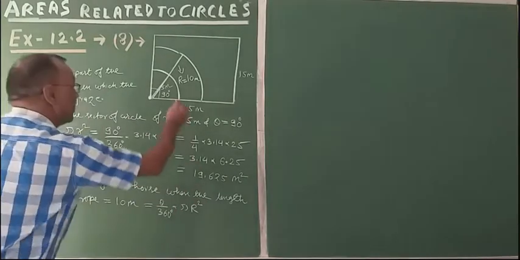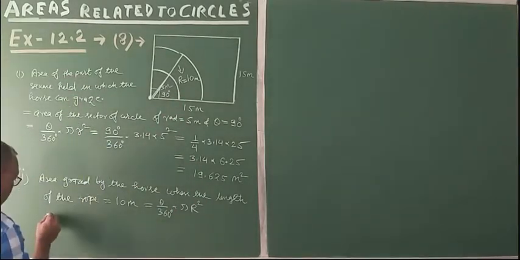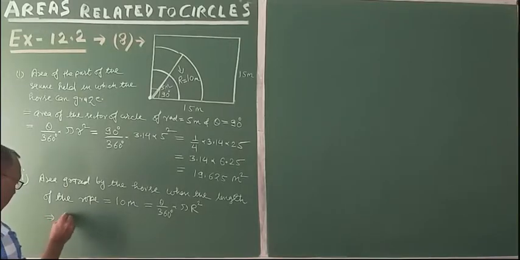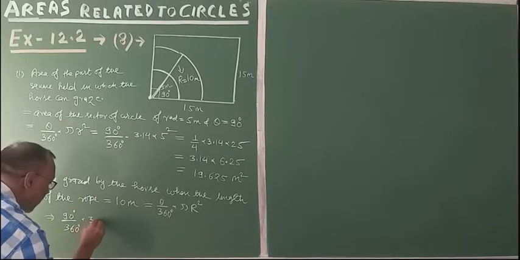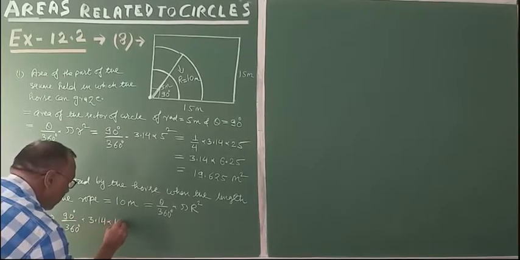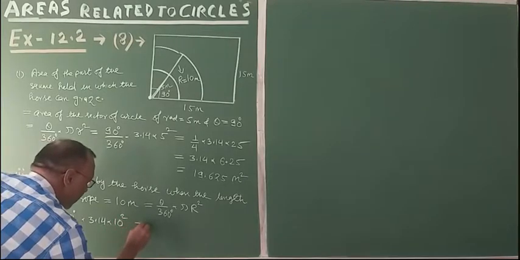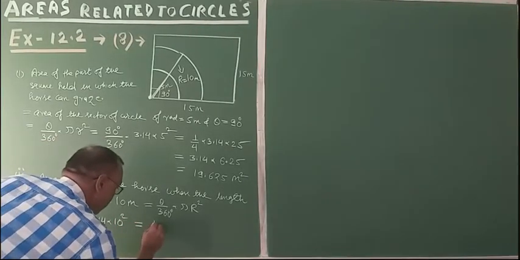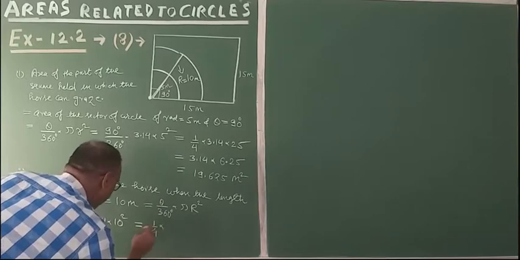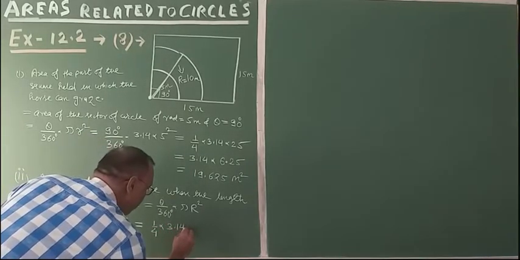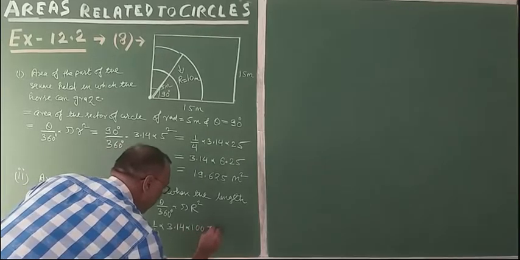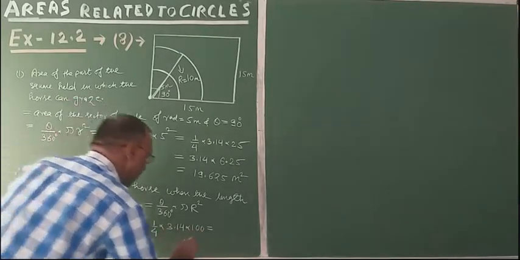Here we will take this greater r. So theta is again 90 upon 360. Pi is given 3.14 into 10 square. So this will become 1 upon 4 into 3.14 into 100. So this will be 4 into 25.